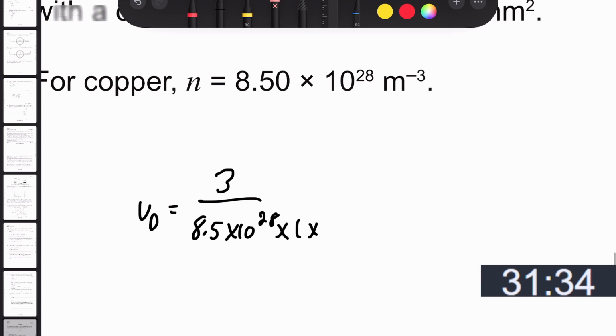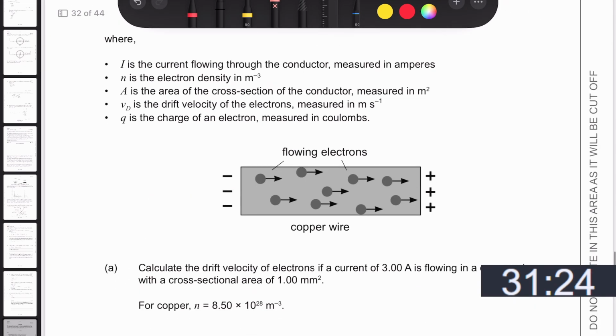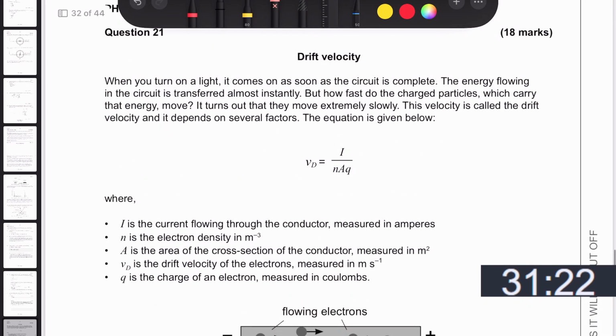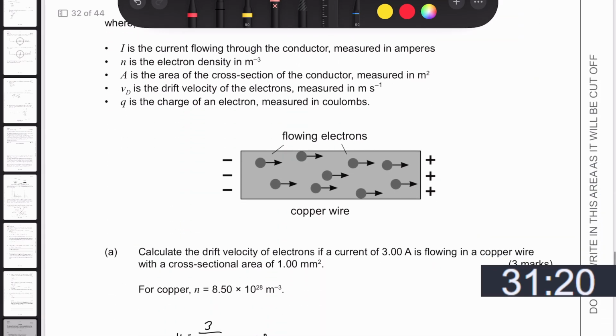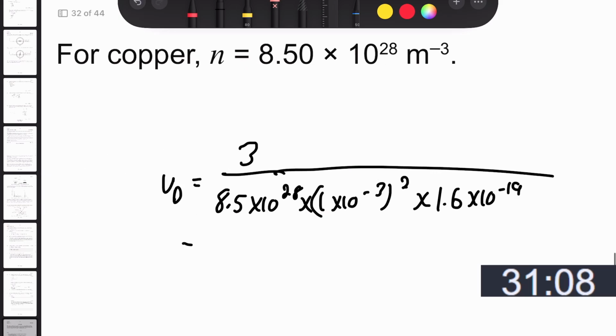So 1 times 10 to the negative 3 all squared, and then times Q, charge of an electron measured in coulombs. It's just 1.6 times 10 to the negative 19, right? Yeah.